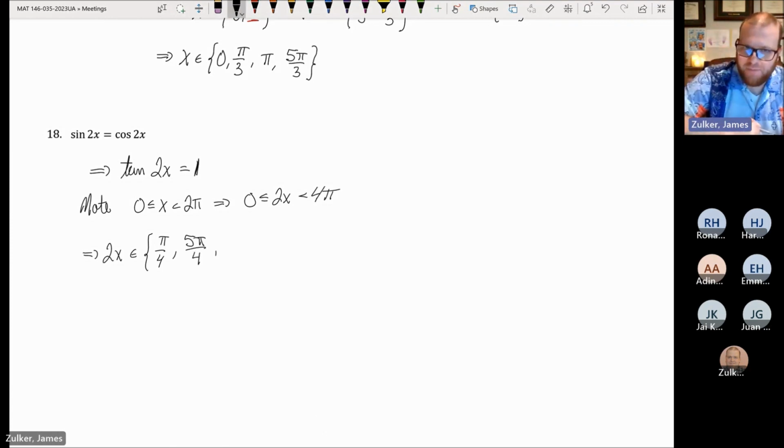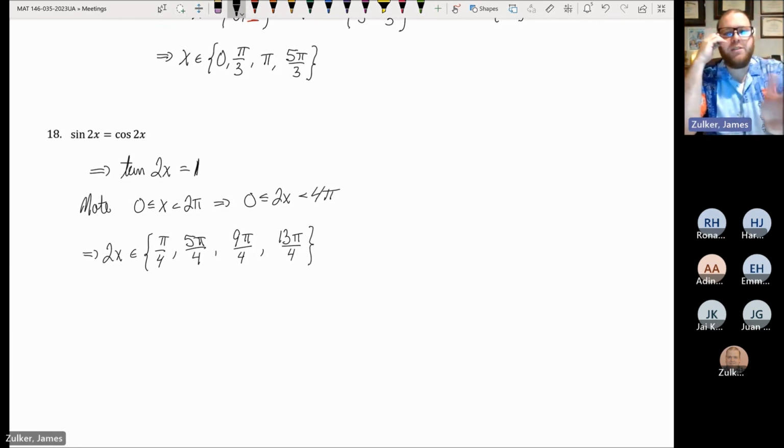Now we add 2 pi. That's where the 9 pi over 4 comes from. And we'll also get 13 pi over 4. Now we're between 0 and 4 pi.